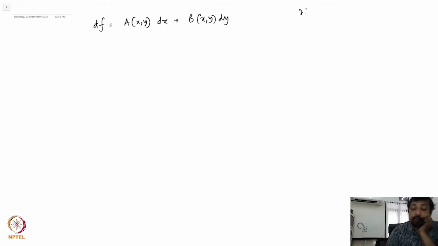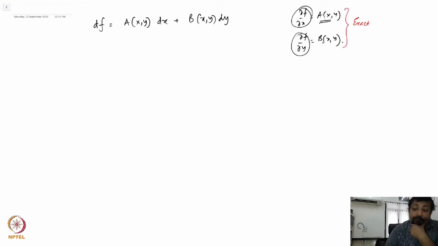This means that I have replaced del f del x with a and del f del y with b, but with the understanding that this may not be del f del x or del f del y, so this can be any functional form. If I am given any arbitrary differential of this form, if it was an exact differential, then I would have this equality. In principle I can have any function times dx, any function times dy.